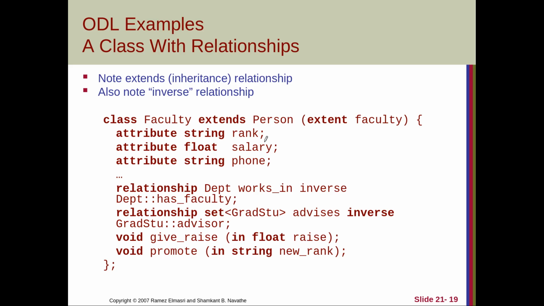Now we will see another example where we are using a class with relationships. In databases, one of the key features is that we can specify the relationship between different tables. In a normal traditional relational database system, we are aware of the relationships between different tables.